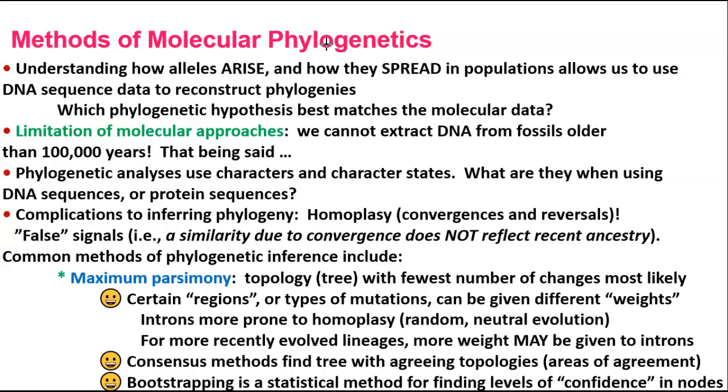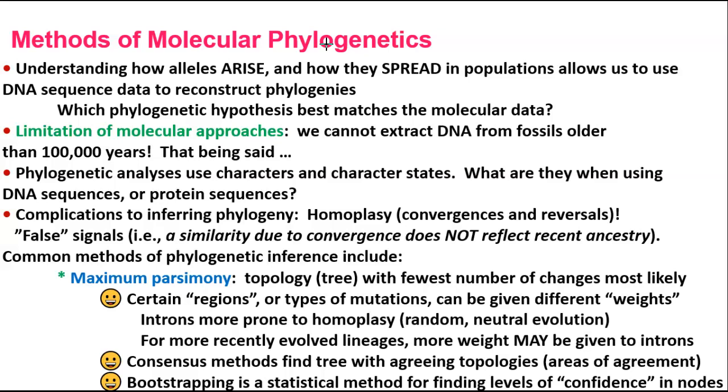We can incorporate some of those concepts into our methods. So basically, when we're using molecular data, we are asking the question, which phylogenetic hypothesis best matches the molecular data? Similarly, when we looked at anatomical data, it was the same kind of thing. Which phylogenetic hypothesis best matches the anatomical data?